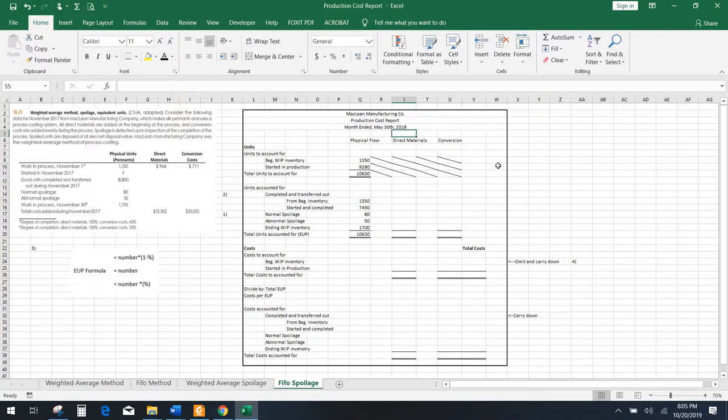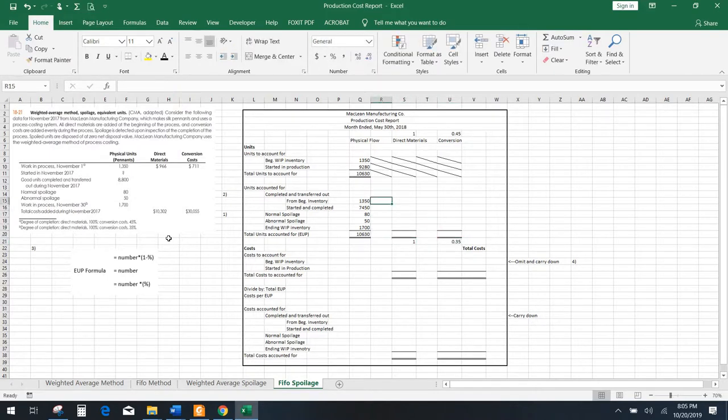So we'll go ahead and do that. It's 100% for direct material, so that's 1, and then for conversion cost it's 45%, so 0.45. And then it's 100% for direct materials, and then here it's 35%, 0.35.